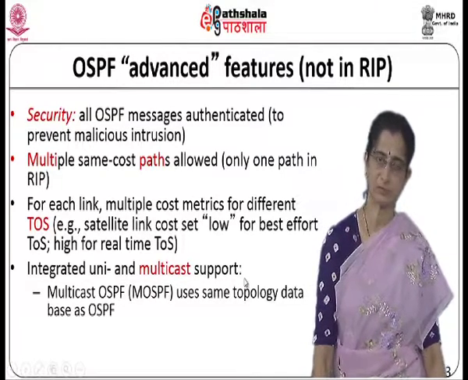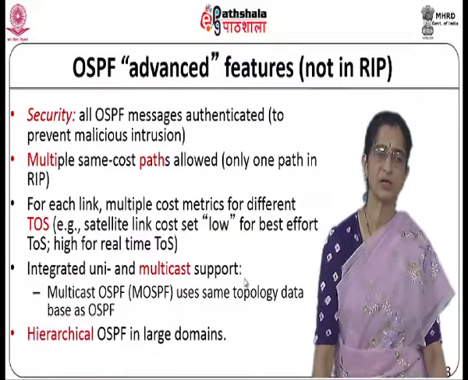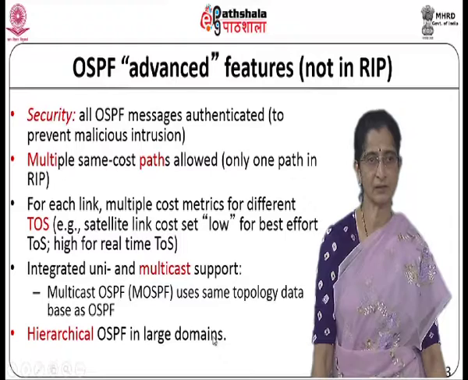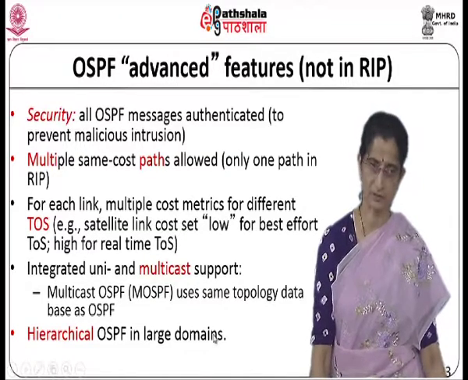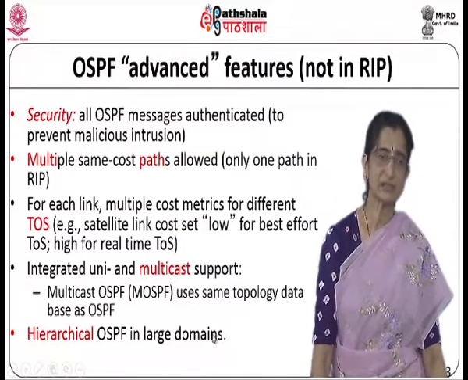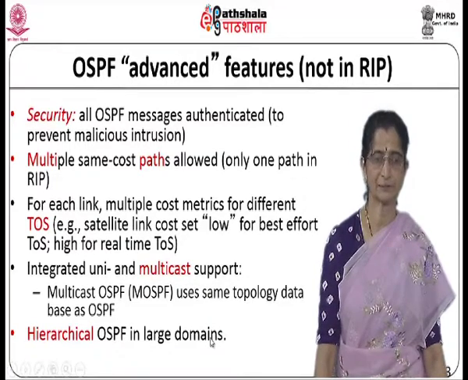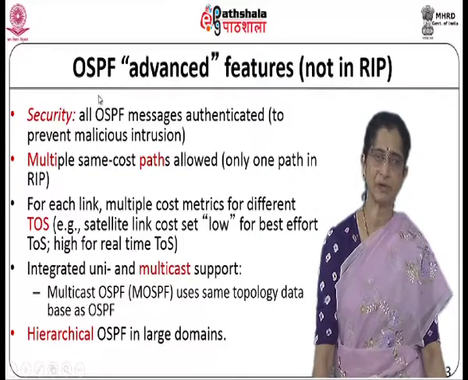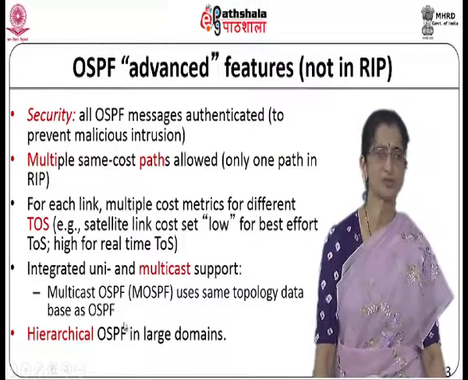These are some of the special features of the OSPF protocol. And with hierarchical OSPF in large domains, you are able to handle a much larger number of routers in the network with the same or better efficiency. For this reason OSPF is becoming one of the more popular protocols, though of course RIP is also used in many networks.